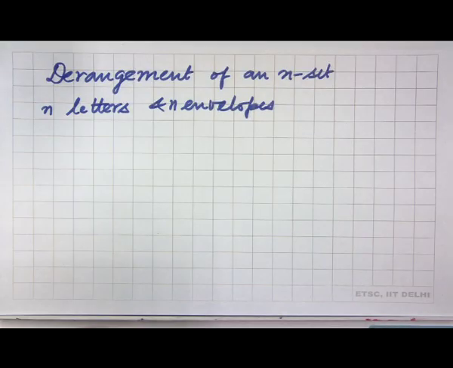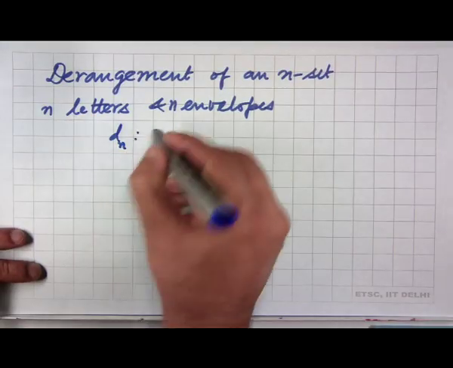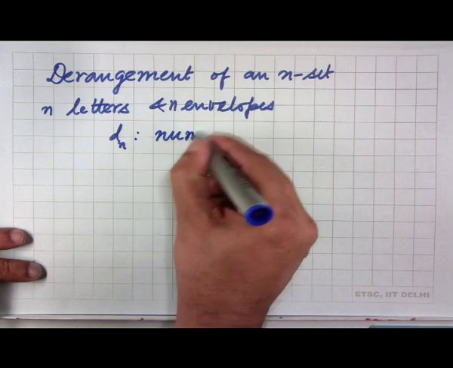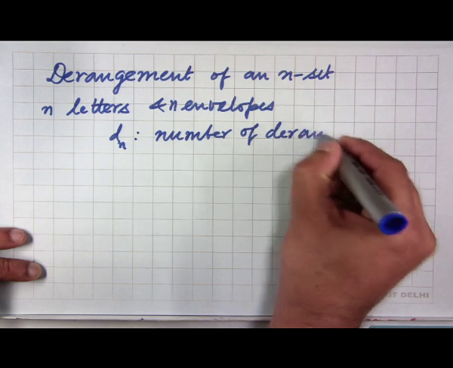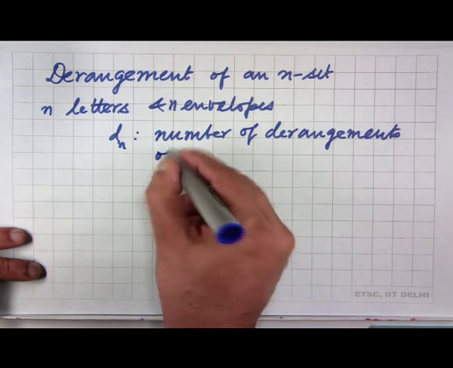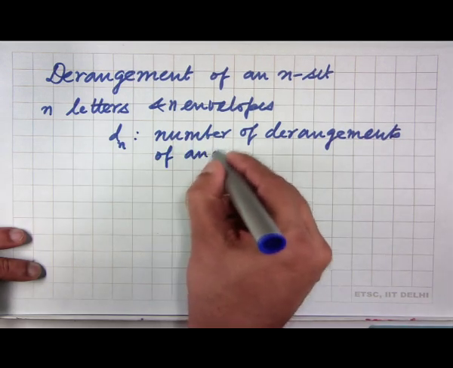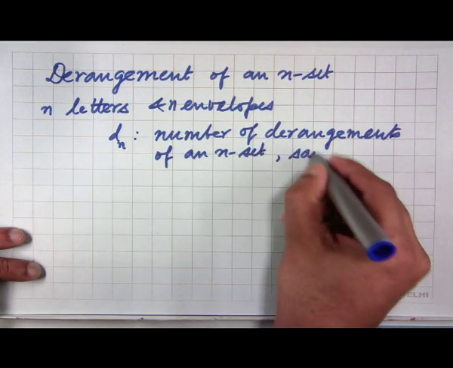Well, here's a little table I have of derangements. The symbol we use for derangements of an n set is just d_n. So d_n counts the number of derangements of an n set. We could assume that n set to be 1 to n.